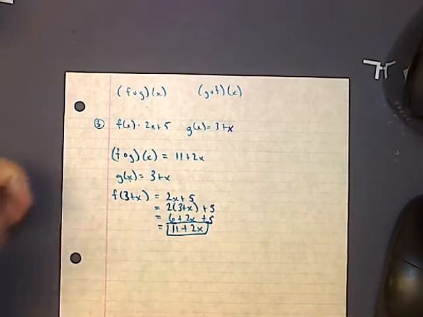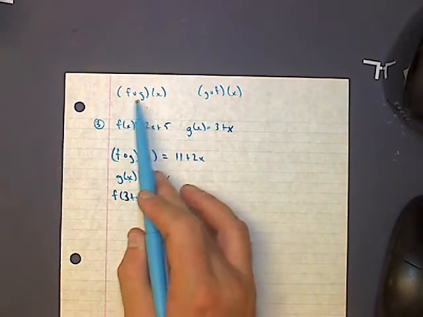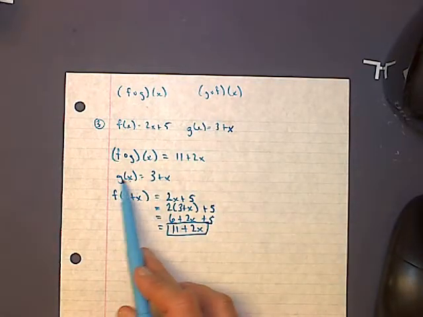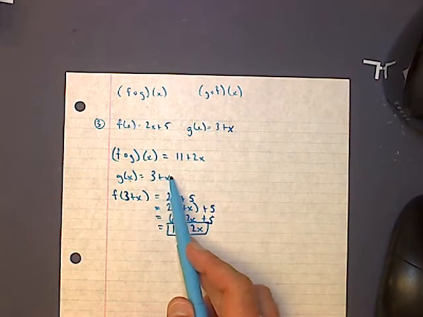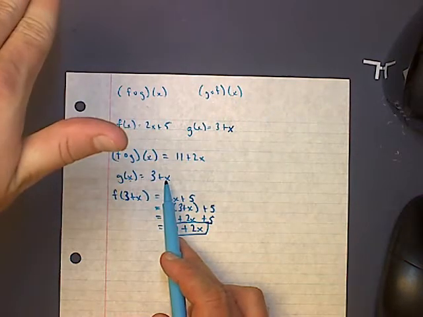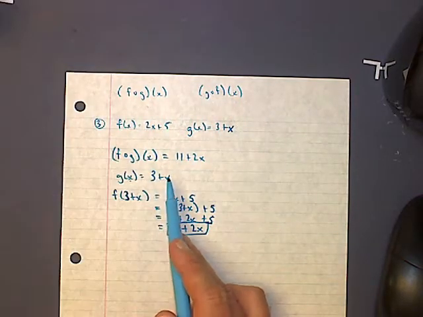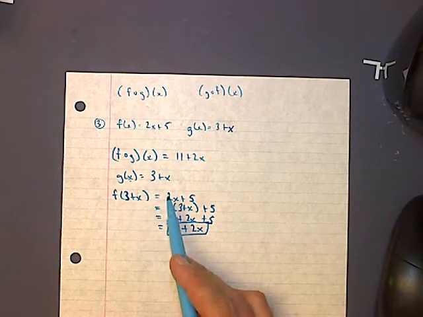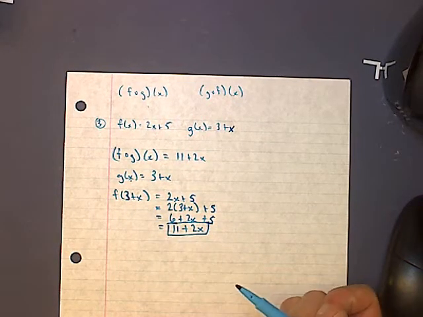Let's go back to what I did first. I wanted to find f of g of x. X is closest to g. I do that first. G of x, my g function, 3 plus x. I plug in x, it doesn't change anything. It stays the same. Now, f of this, I plug this into the f function and get the answer 11 plus 2x.